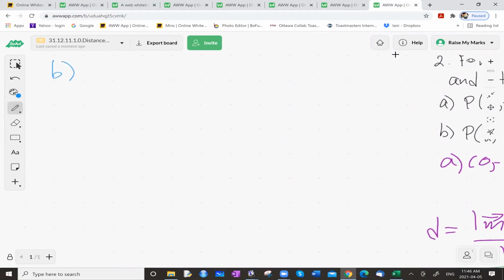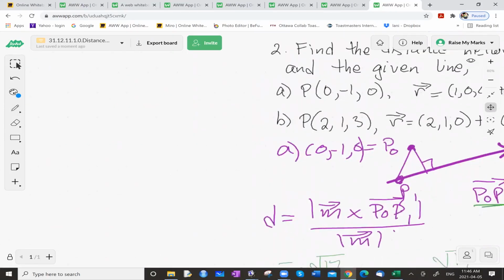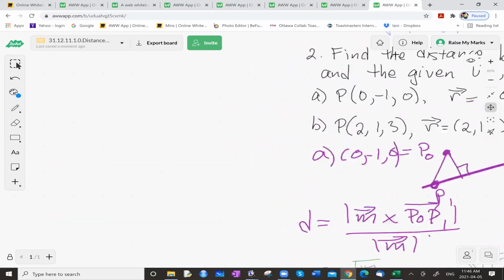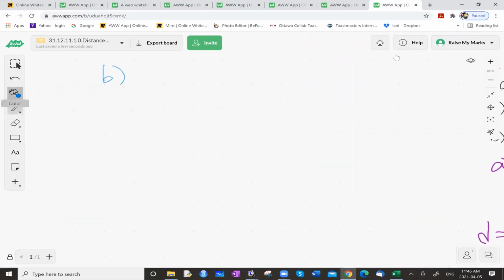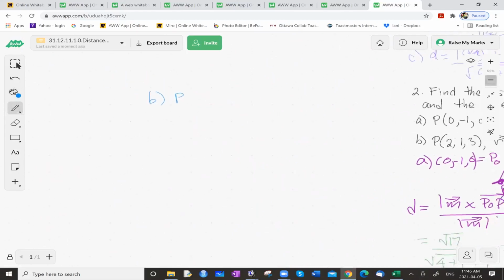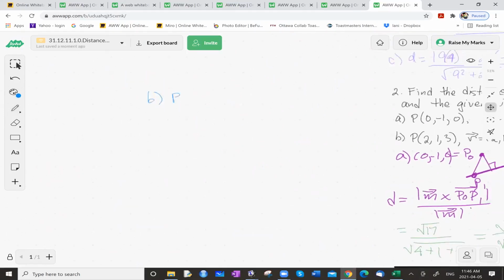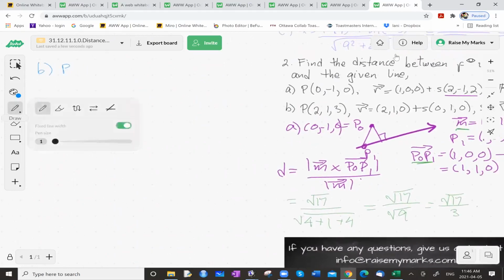All right, so let's figure out what our point P is. P0 equals 2, 1, 3. Our direction vector m is given by 0, 1, 0.